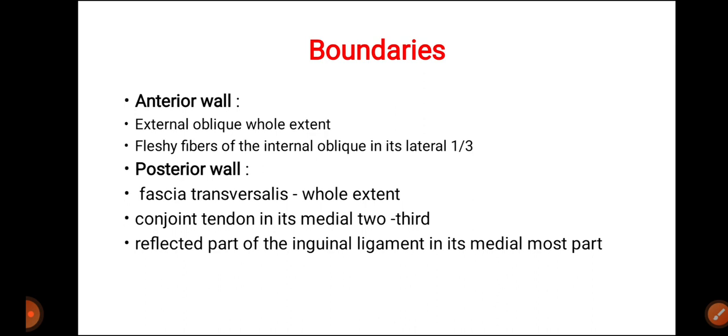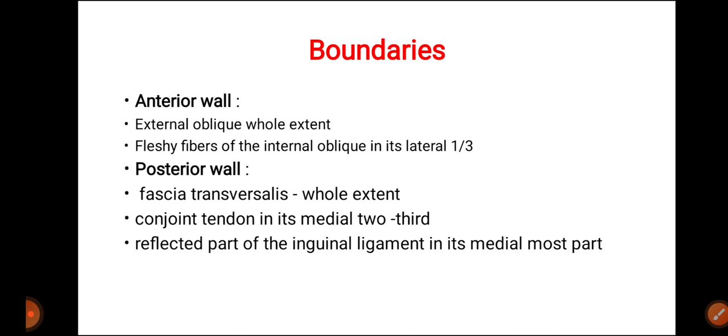It has an anterior wall, posterior wall, roof and floor. The anterior wall in its whole extent is covered by skin, superficial fascia and external oblique aponeurosis, and in its lateral third it is formed by the fleshy fibers of the internal oblique.